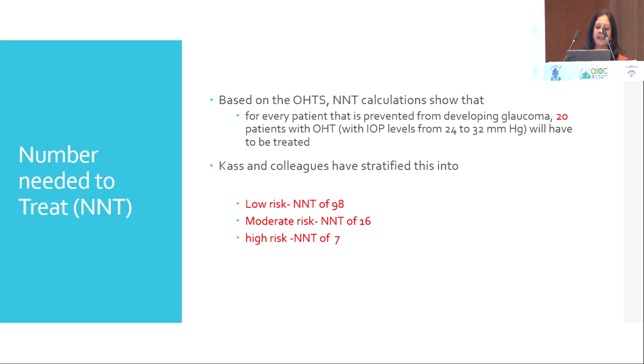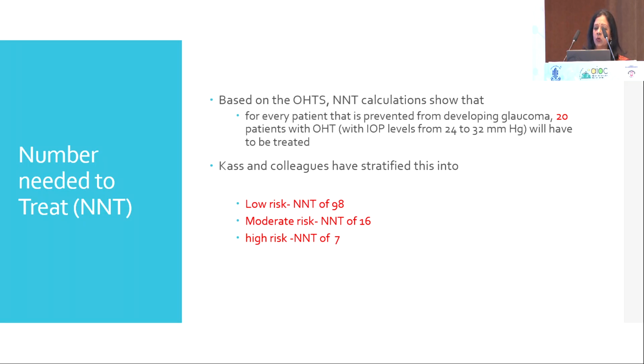There's another statistic used in these studies, especially in OHTS, that makes sense: the number needed to treat. Calculations show that for every patient prevented from developing glaucoma, 20 patients with OHT will have to be treated. Gordon and colleagues stratified this based on the risk profile.